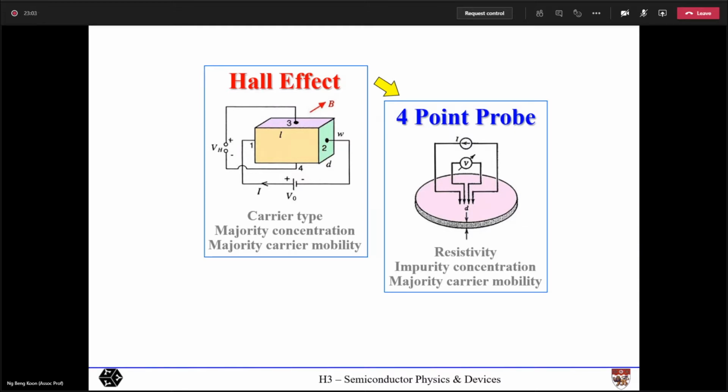Again, these are electrical properties of the semiconductor which are important to know. So anyway, in lab 2, one group has done it already, so we'll be doing this experiment to see how these are actually applied to measure all these parameters of the semiconductor.